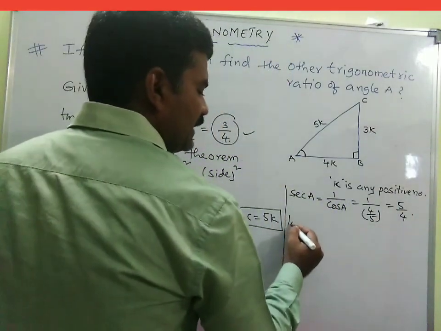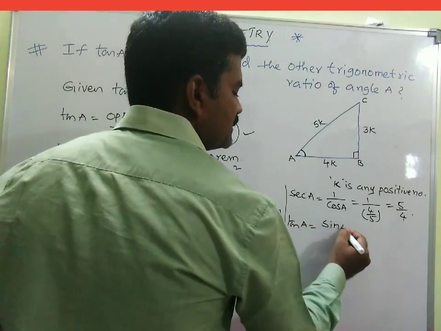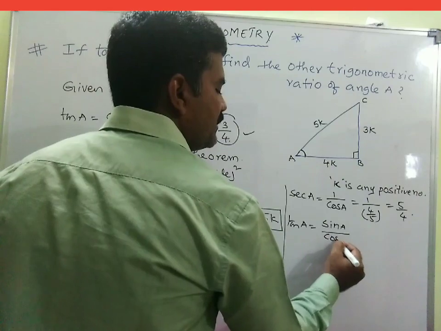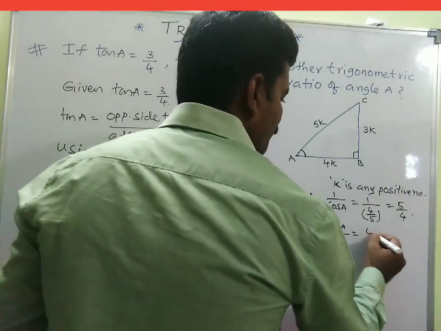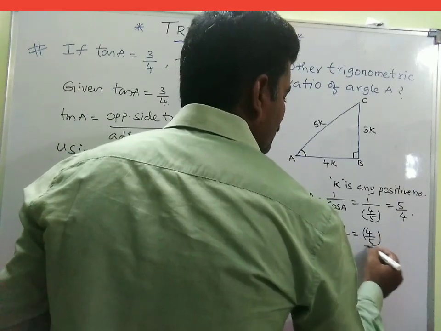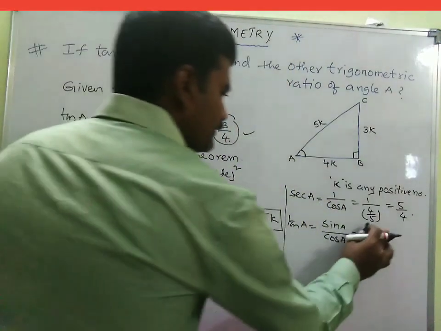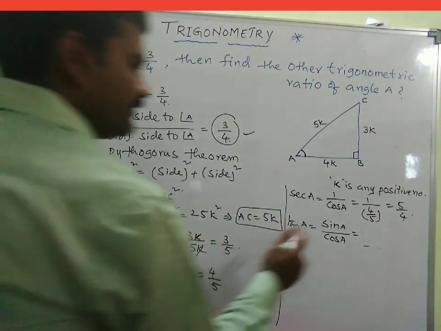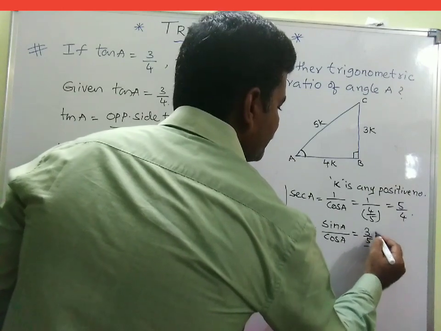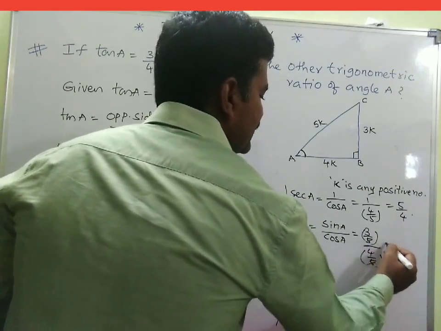Now finally I want tan A. Tan A is nothing but, as we just discussed, sin A by cos A. So the value of sin A is 3 by 5 and cos A is 4 by 5. 5 gets cancelled.